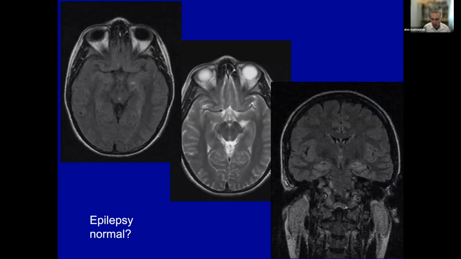So here's another patient, has a temporal lobe origin based on clinical history, and I want you to decide on this one if you think that this patient has a normal scan or an abnormal scan.